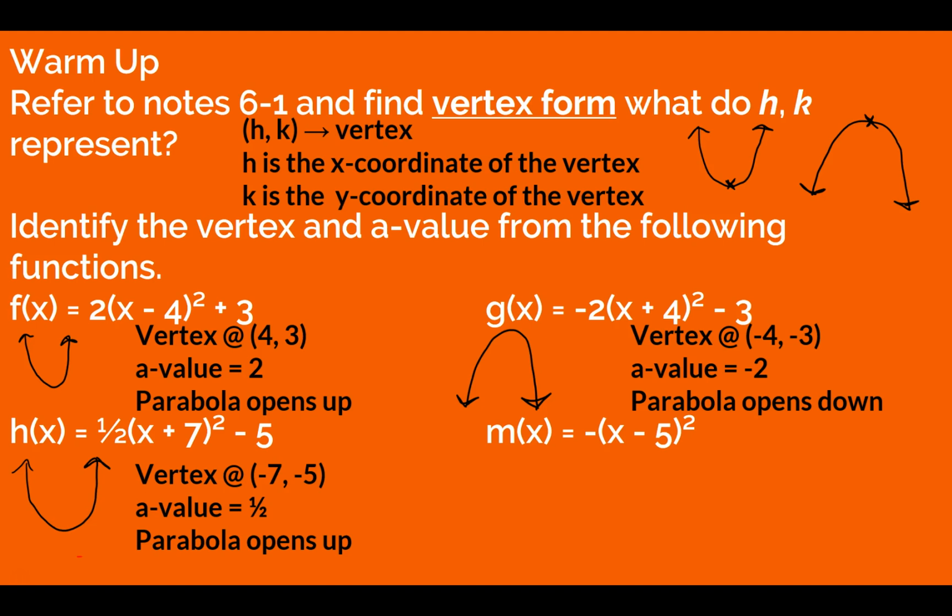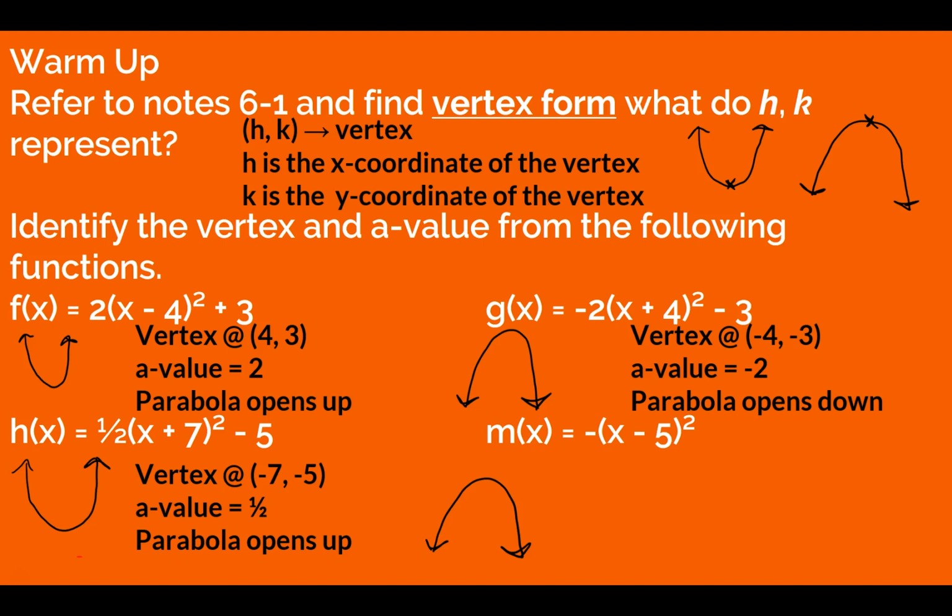Okay? M. What is my a value? Negative 1. So it's going to open which way? This one will open down. Okay? What's going to be my h? Positive 5.